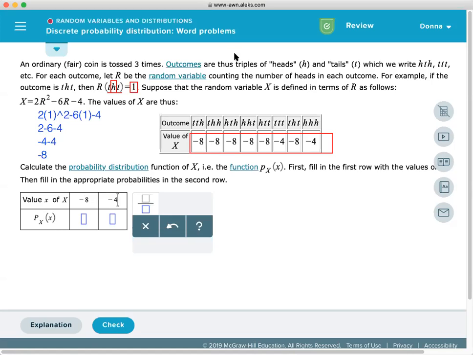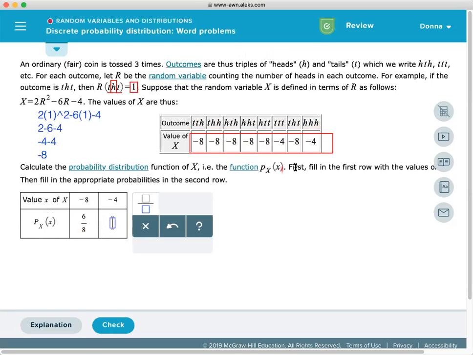So we can see that negative 8 occurs 1, 2, 3, 4, 5, 6 times out of the 8 possible outcomes. So it would be 6 out of 8. So 6 divided by 8, or we could reduce it to 3/4, but I think Alex will take 6 out of 8.